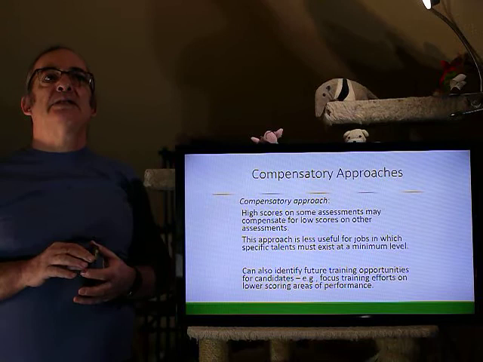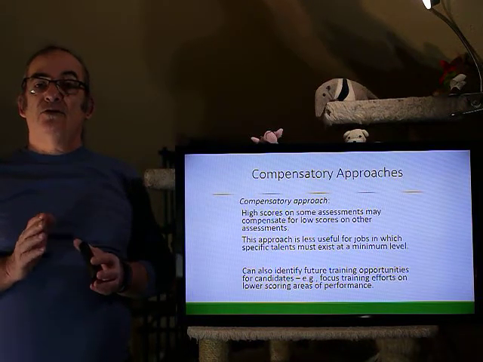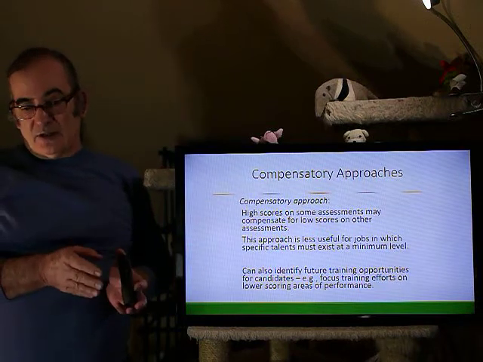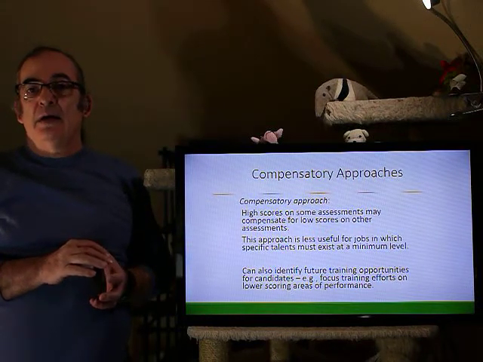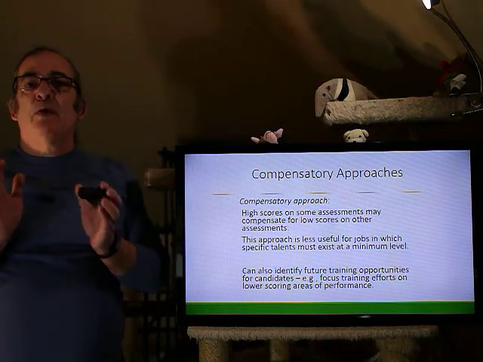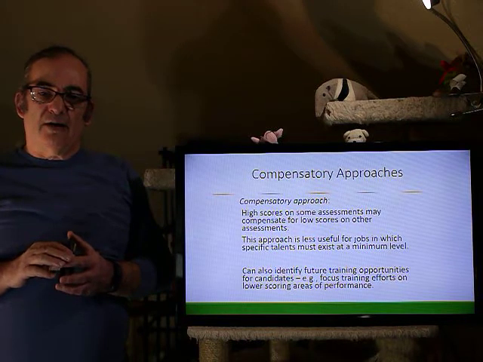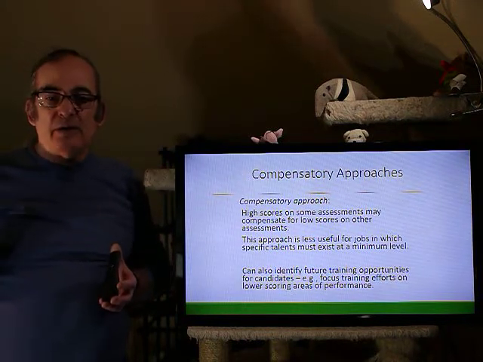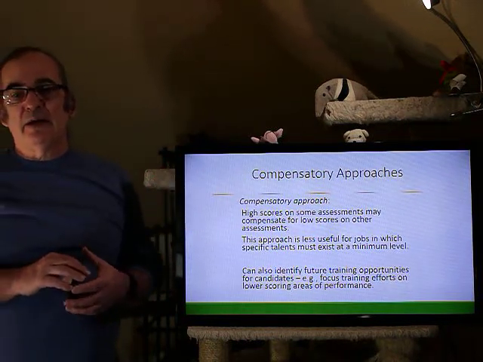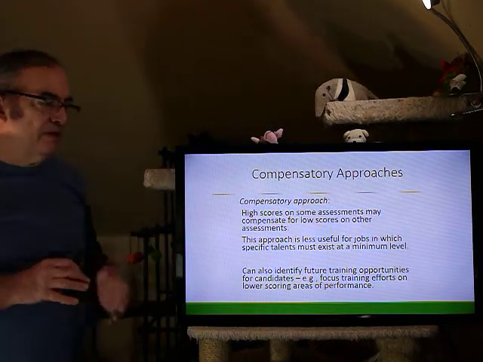I might not be the best database designer, but I do know my way around a database at least somewhat adequately, but I'm a very good graphic designer, and maybe both of those qualities are necessary, and this will represent trade-offs. We're looking at some candidates who are better at this, we're looking at some candidates who are better at that, but we want to see that they have some level of combined ability for both.